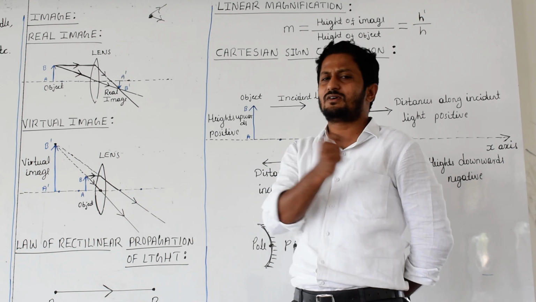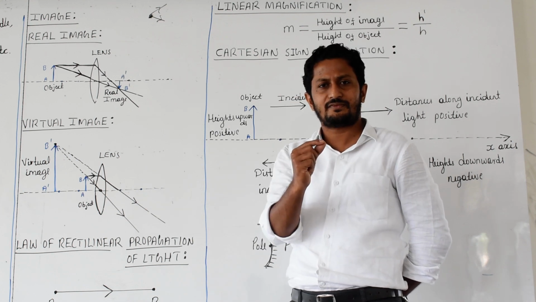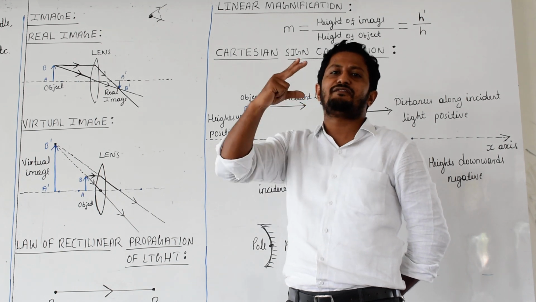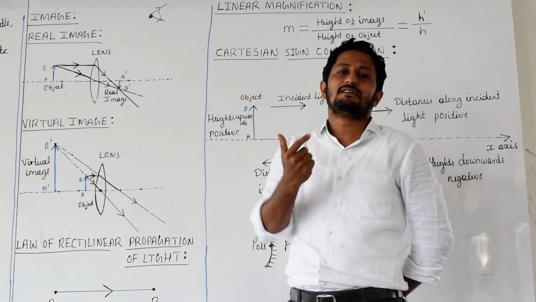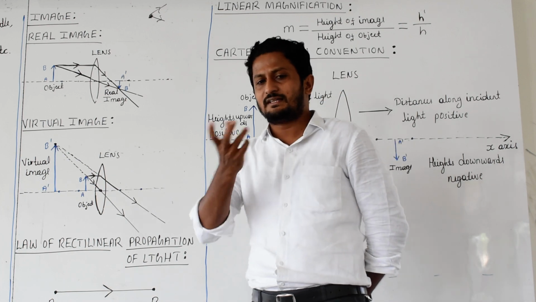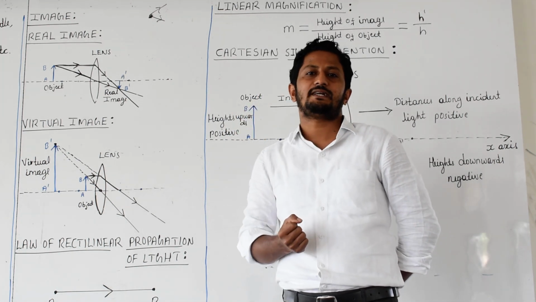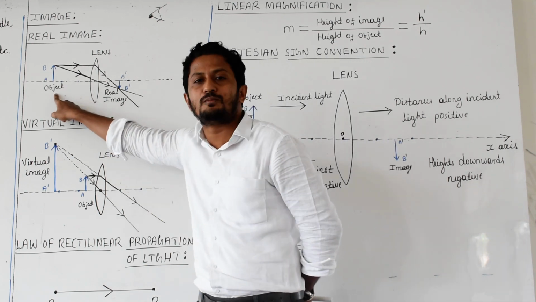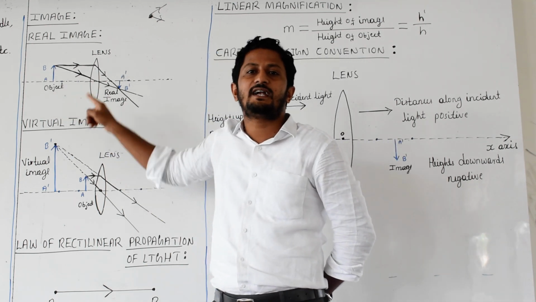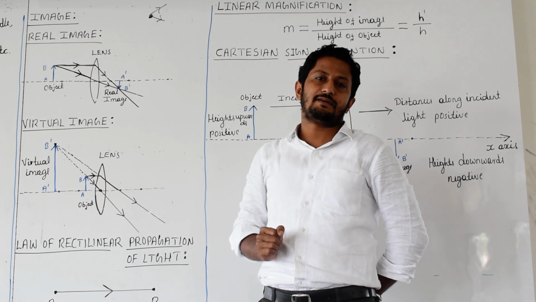So some words will come: diminished, lesser in size; magnified, greater in size. The size of the image depends on the position of the object in front of that optical element.